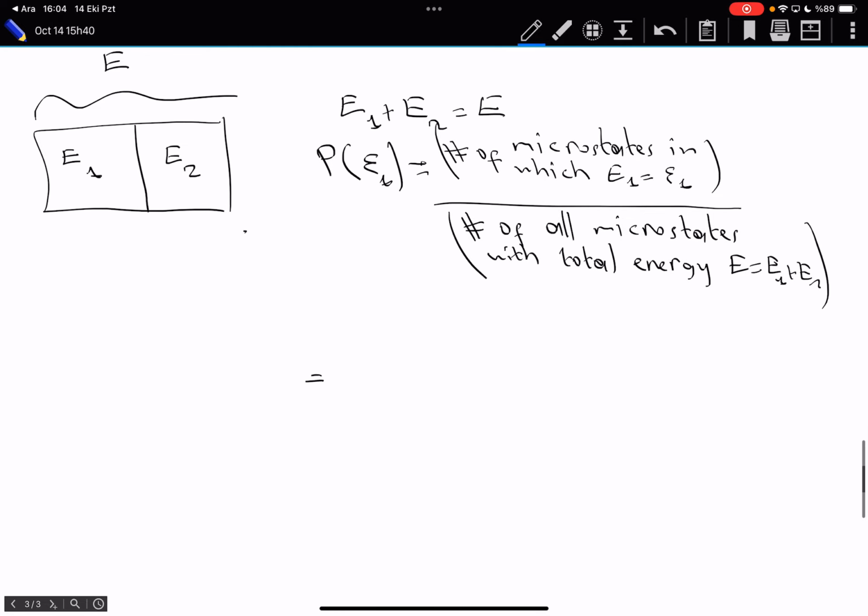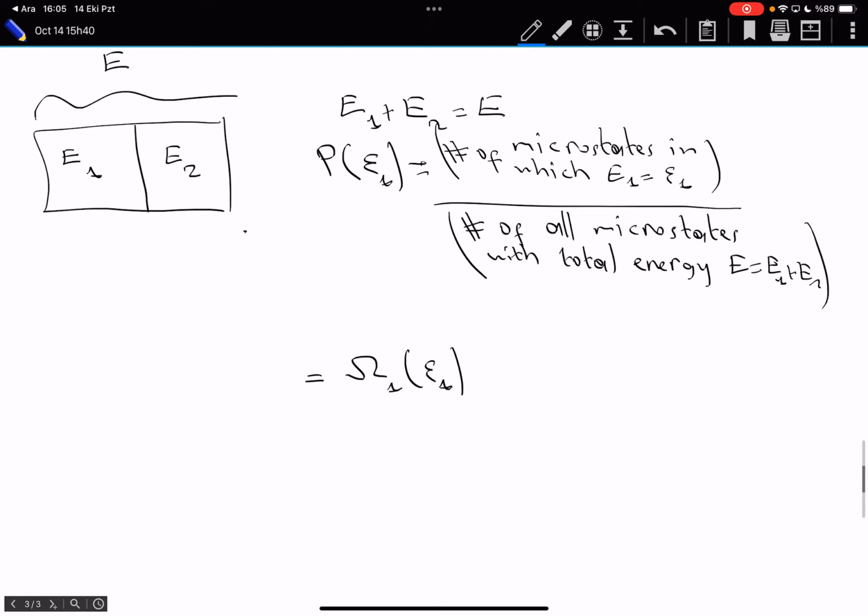Well, what is the number of microstates in which the left-hand side has energy epsilon 1? Let me call that number omega 1 of epsilon 1. Omega 1 is the number of microstates of the left-hand side. And so this is the number of microstates in which the left-hand side has energy epsilon 1.